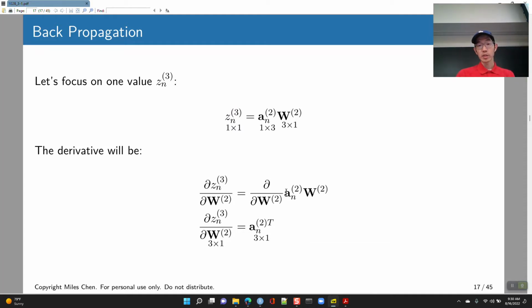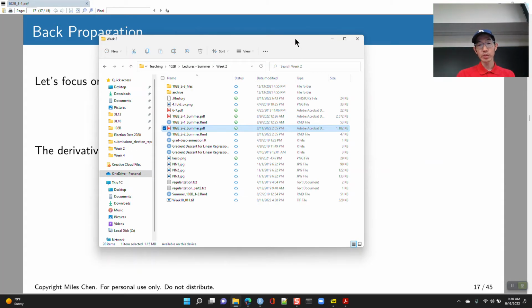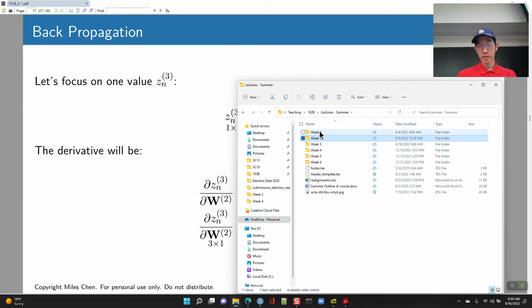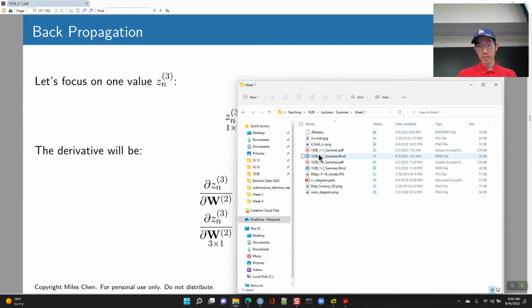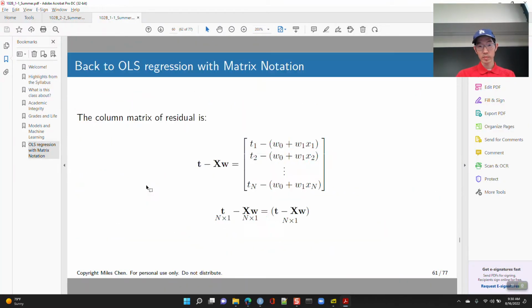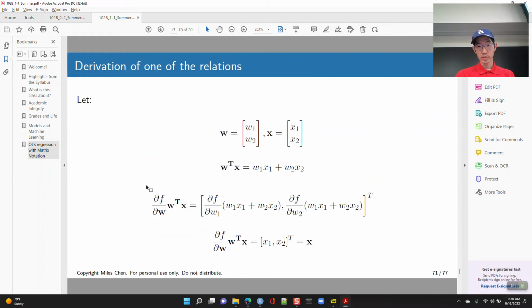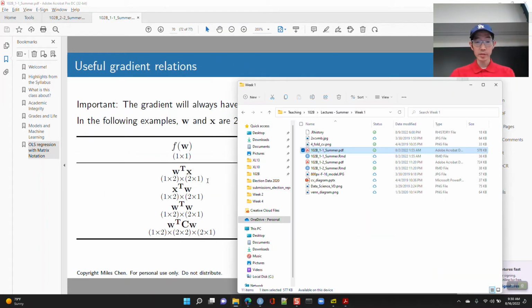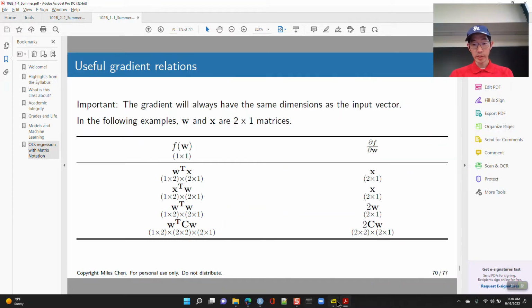So if you recall our derivative rules, basically this is what we have going on here.